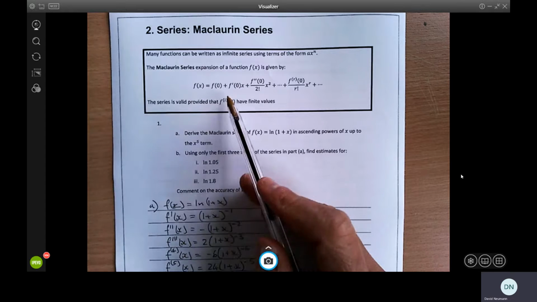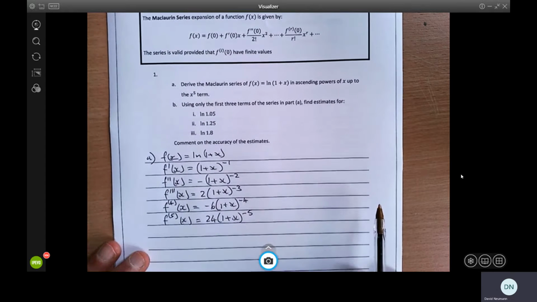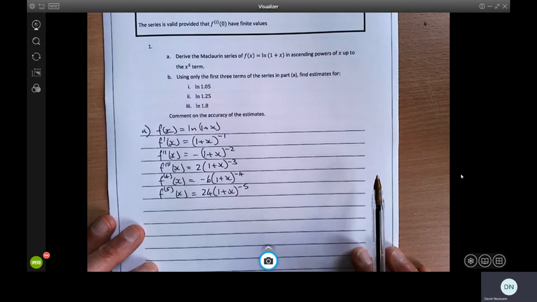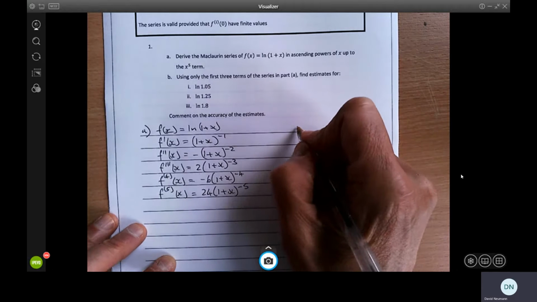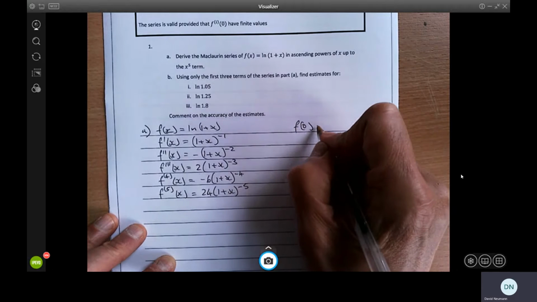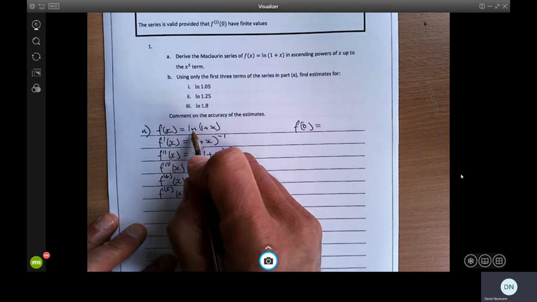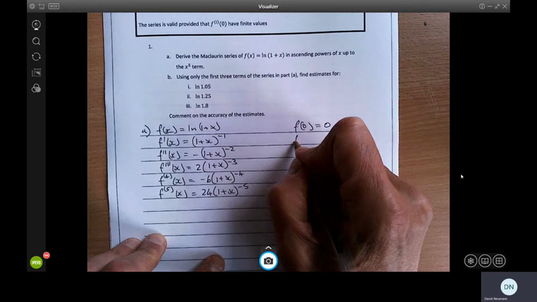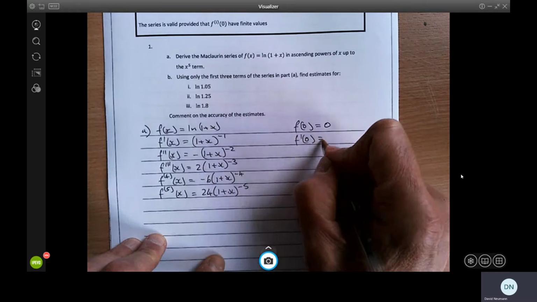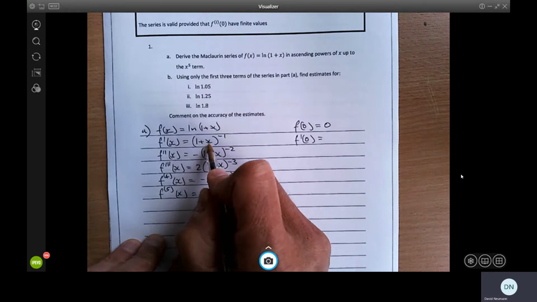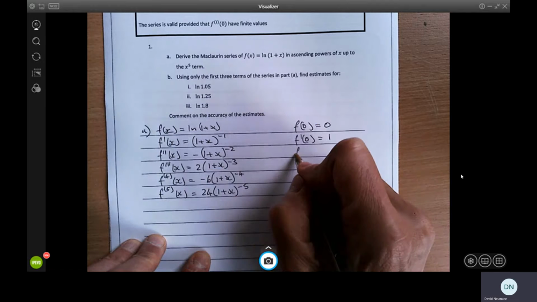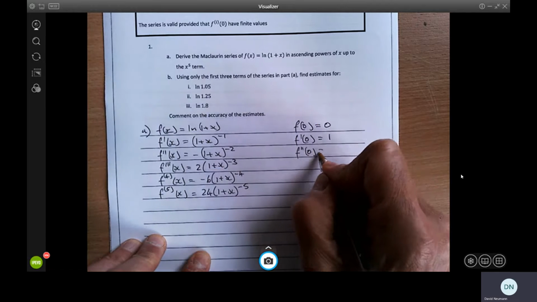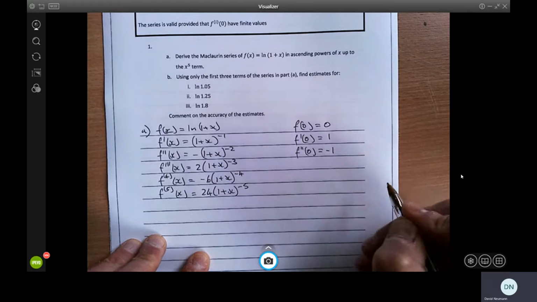For our formula, we need those all evaluated at x equals 0. So we're going to say f of 0 is equal to ln of 1 plus 0, ln of 1, which is 0. F dashed of 0 is, put 0 in there, we're going to get 1. F double dashed of 0 is going to be minus 1.